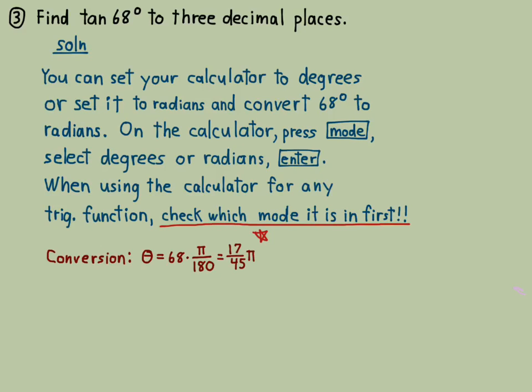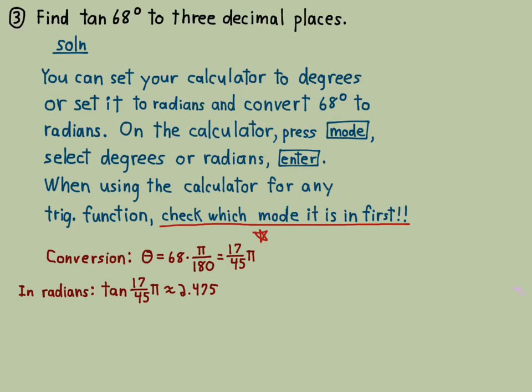I just did this for fun. I converted it to radians. It turns out fairly nice. It's a rational number anyway, times pi: 17/45. Integer degrees will always become rational coefficients of pi, multiples of pi. So in radians, tangent of 17/45 pi is approximately 2.475.